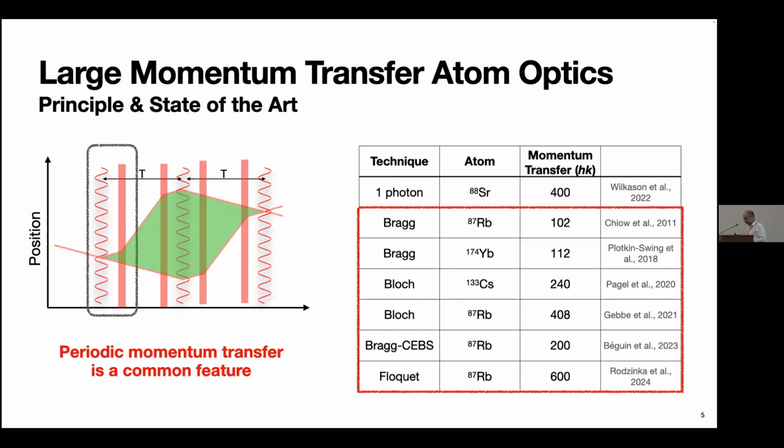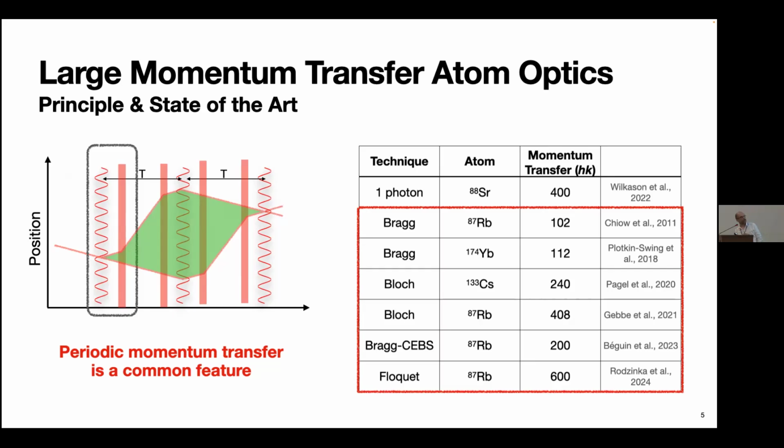There are many demonstrations of momentum transfer higher than 100 h-bar K. We heard today about the single photon techniques, and maybe Jan will discuss that on Thursday. Today I will focus on another very efficient solution, which uses manipulation of atoms in an optical lattice.